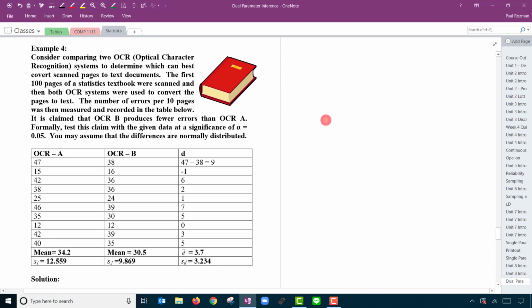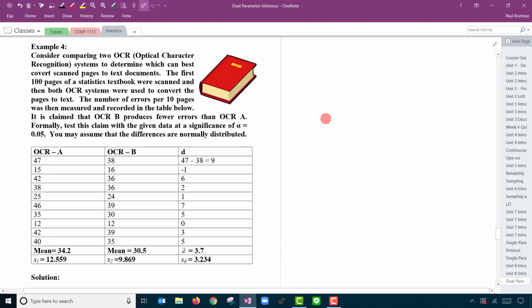We're going to test out two software programs. They have great names, Software A and Software B. And what these programs do is they take images and they try to extract the text from the images. So it's called optical character recognition. One way that we could test the two software systems would be to grab a bunch of images from, say, our statistics book.